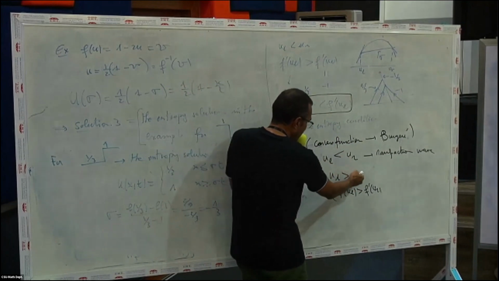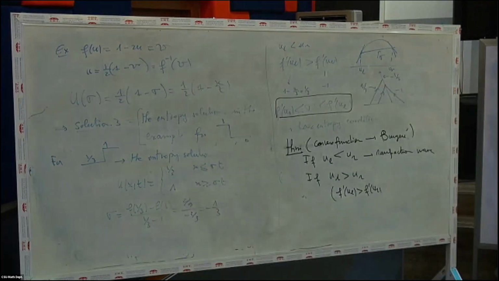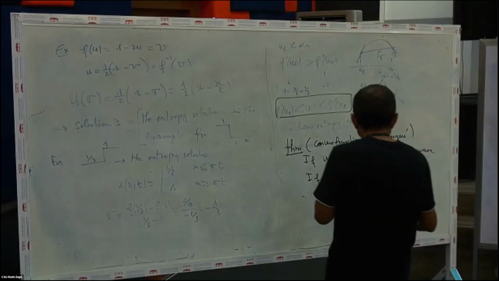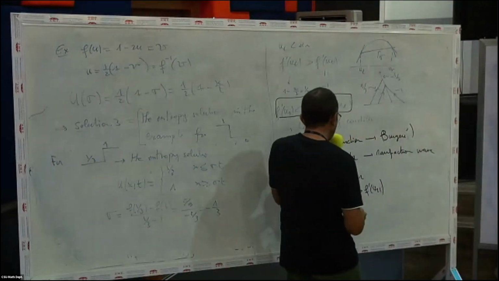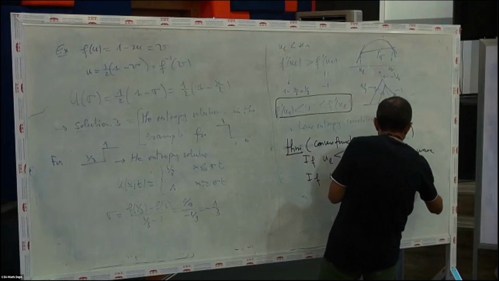So if UL is bigger than UR, then this one is going faster, so it will push the other part. This is a shock wave, okay? And sigma will be between.